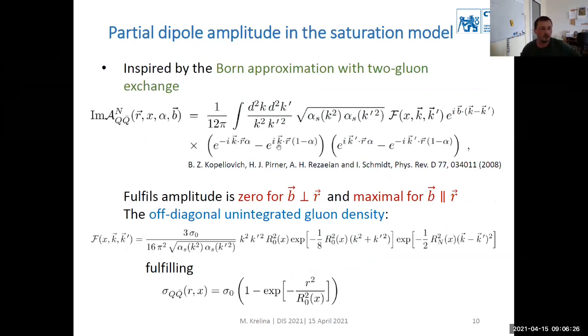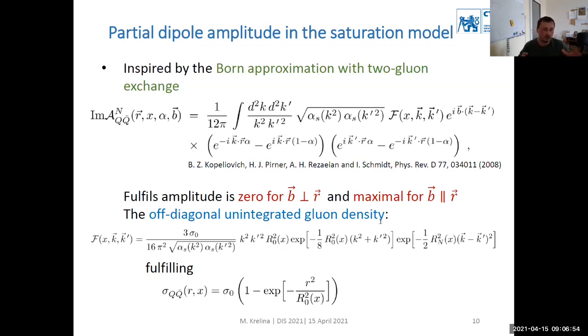Okay, so now I will introduce our approach. In our case, the model for the dipole interaction is based on the Born approximation for two-gluon exchange, approximately in this form. Then the unintegrated gluon density has this form, where you can use parameters from some standard dipole cross sections.